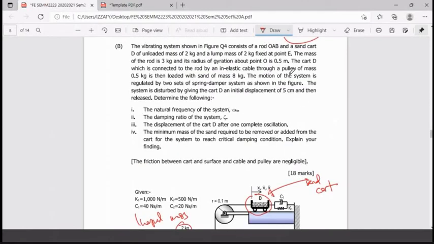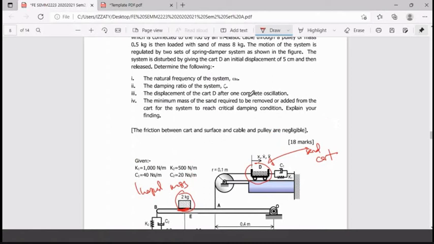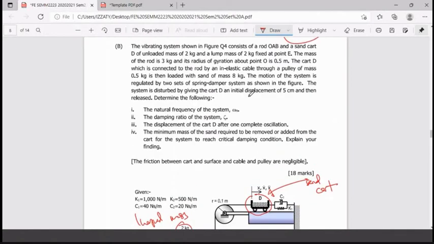What else? Fixed at point E. It means that it will not move. It cannot slide, just fixed, fastened, whatever it is, as long as it's fixed, it does not move. The mass of the rod is 3 kg. What else?